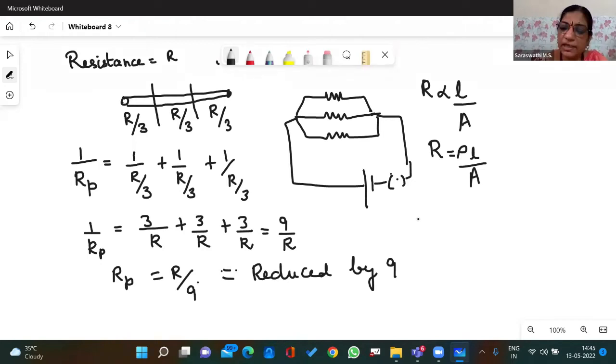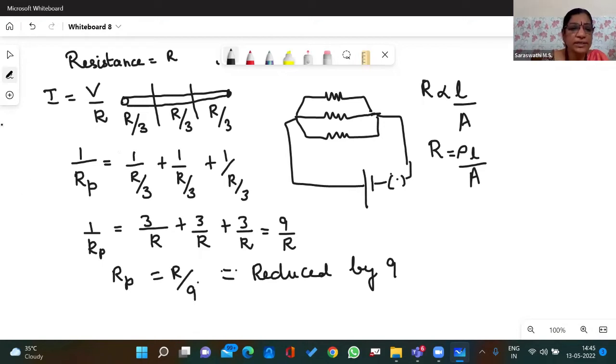Now the question is, what will happen to the current flowing in the circuit? Initially, the current will be I equal to V by R, the original total current.